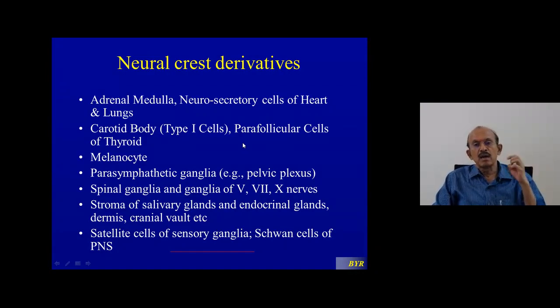You will call it multiple endocrine neoplasia syndrome, MEN syndrome. The derivatives of the neural crest are responsible for production of this syndrome. So if you know these neural crest derivatives, you can easily understand why so many neoplasms are there in a single patient, because it is an abnormality of the mother neural crest cell which causes tumors in the derivatives.